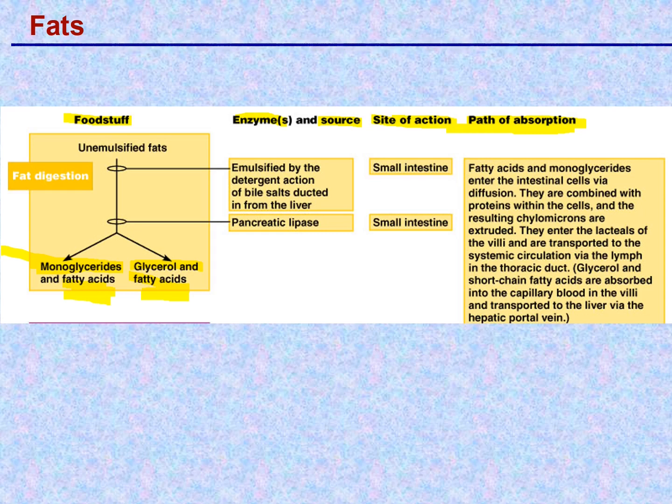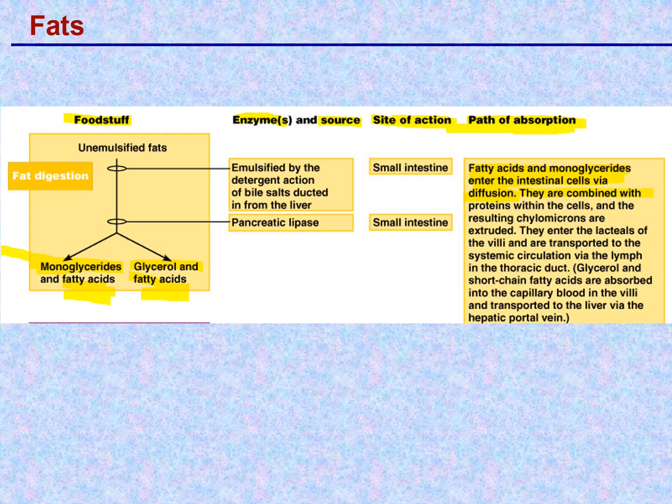Now the fatty acids and monoglycerides enter the intestinal cells by diffusing across into the intestinal cell. They can pass across the cell membrane, so they go into the cells that line the surface of the gut mucosa, which of course are the columnar epithelial cells.